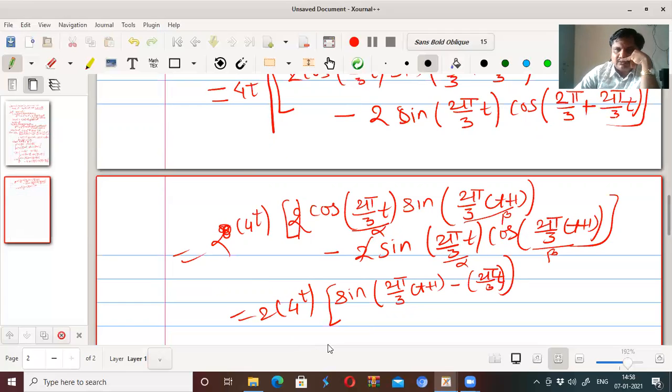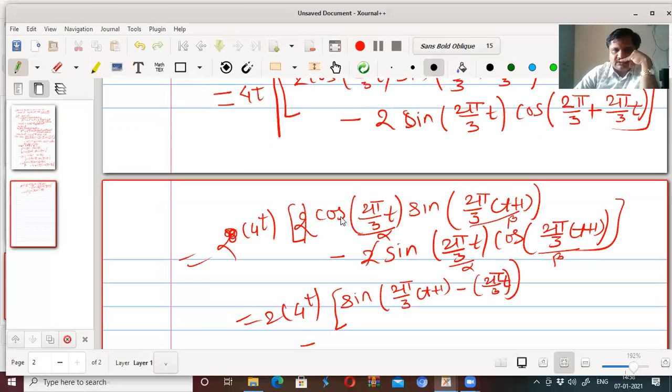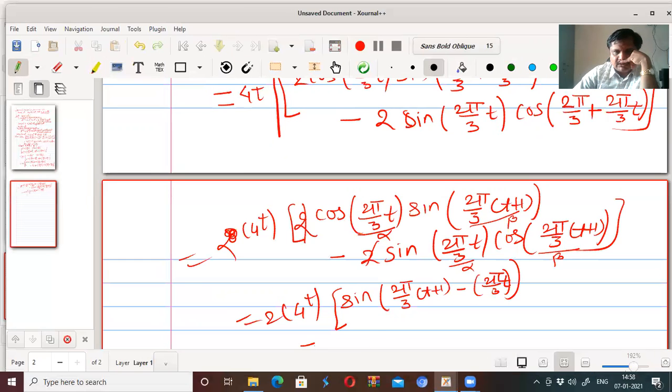So this is equal to 2 into 4 to the power t sine of, what you will get here, 2 pi by 3t plus 1 minus 2 pi by 3t. So only we get 2 pi by 3.